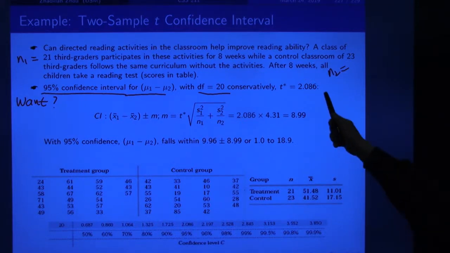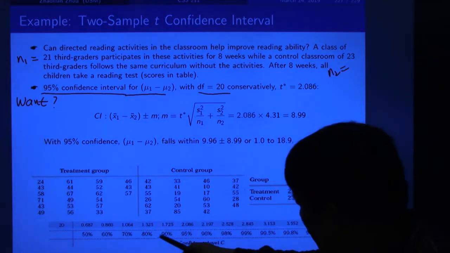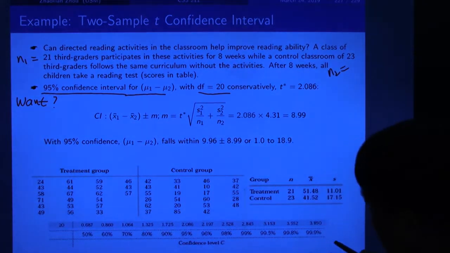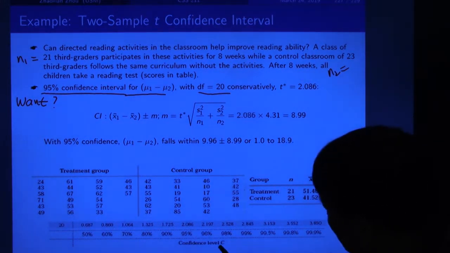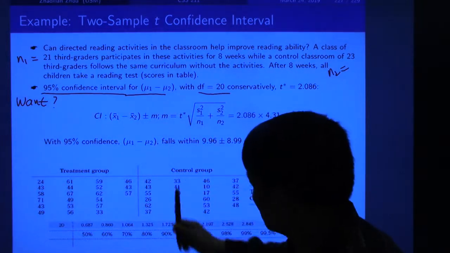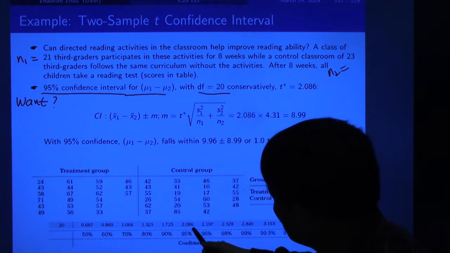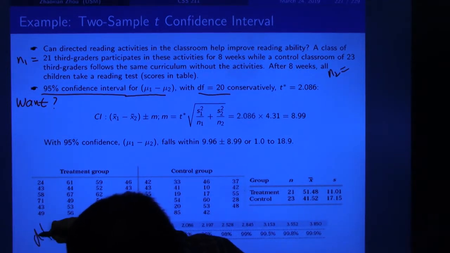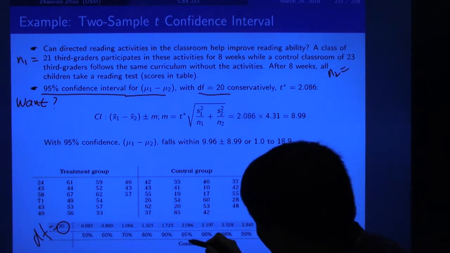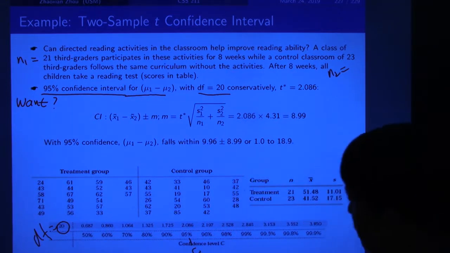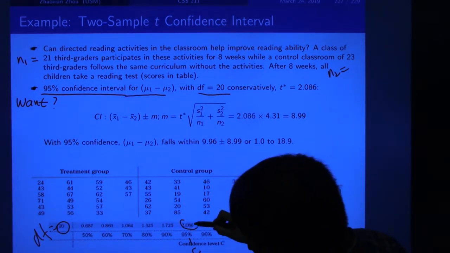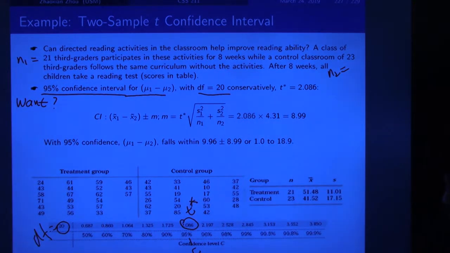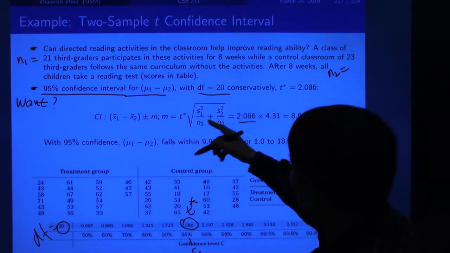And T star, remember in the table here, this is confidence level C, and for 95%, it is here. Correspondingly, for degree of freedom df equals 20, the cross section gives us the T star, which equals 2.086.